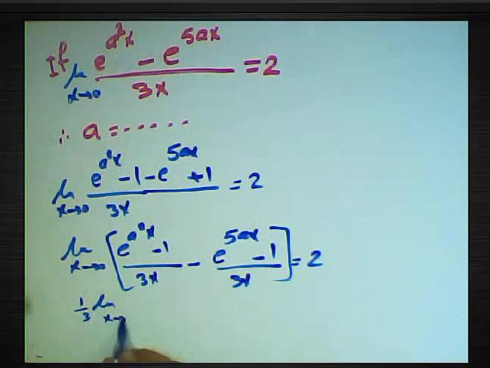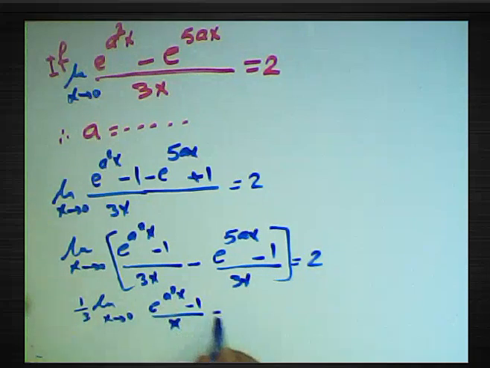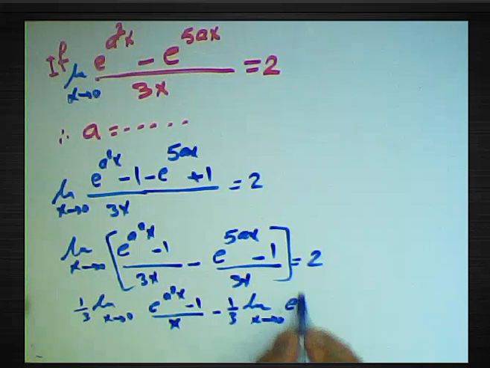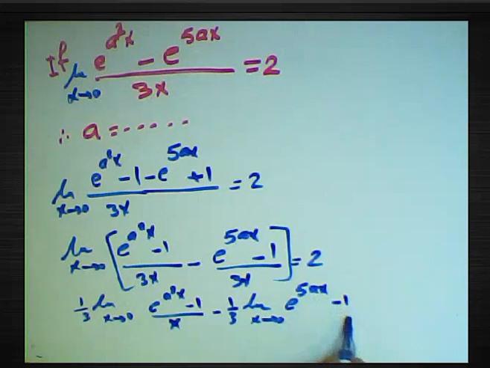The limit when x approaches 0 of (e^(2x) minus 1) over x. So the result here will be 2 subtract one third times the limit when x approaches 0 of (e^(5ax) minus 1) over x.